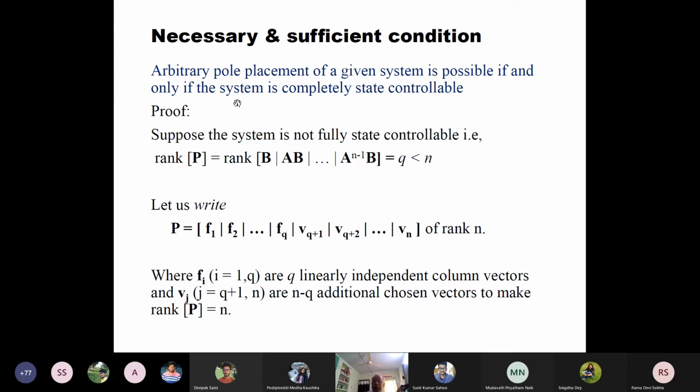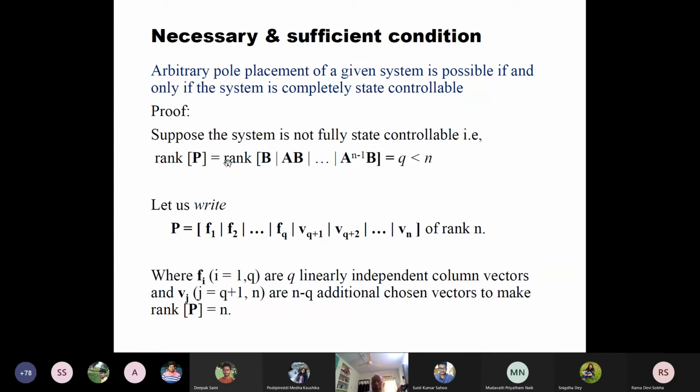The proof is done assuming the system is not fully state controllable. So let us see the proof. Take the controllability matrix P for that system.